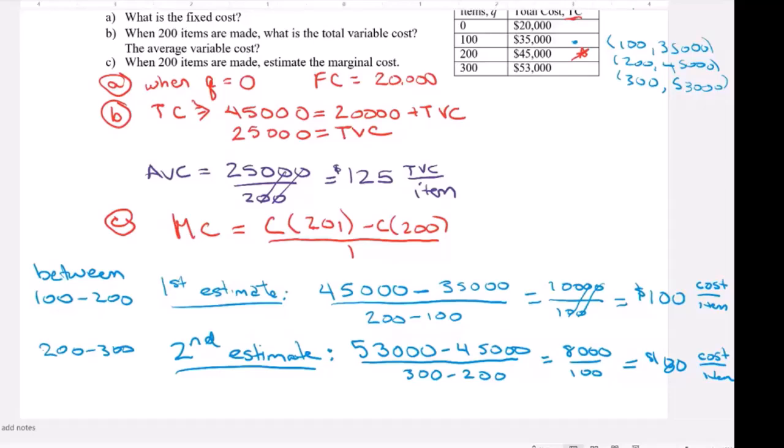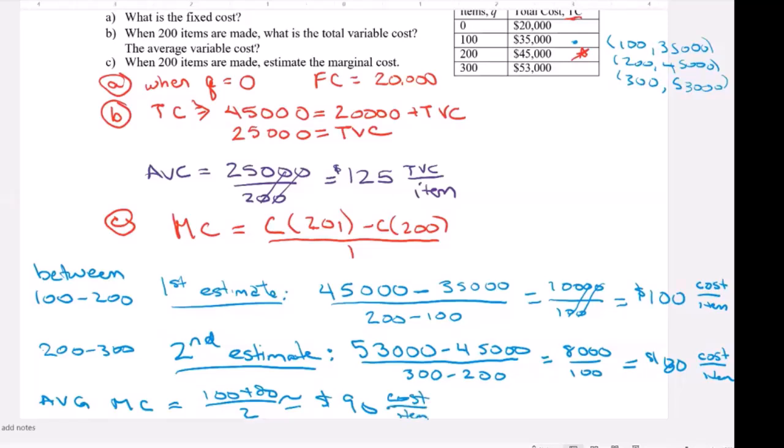Okay, so we know that the marginal cost at 200 is somewhere between 80 and 100. So let's take the average of those two. The average of the two marginal costs is 100 plus 80 divided by 2, which is approximately $90 cost per item.